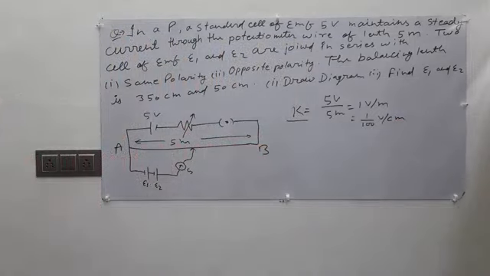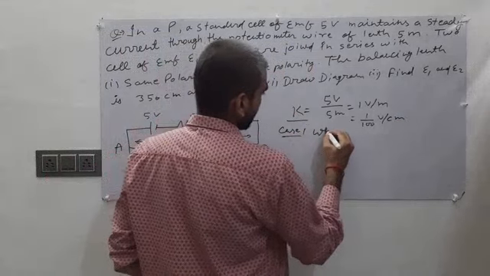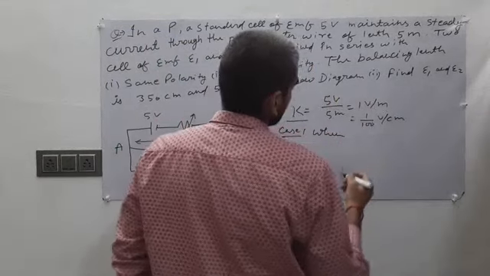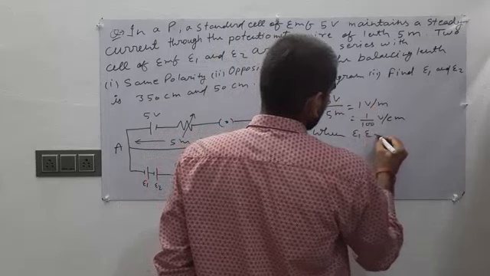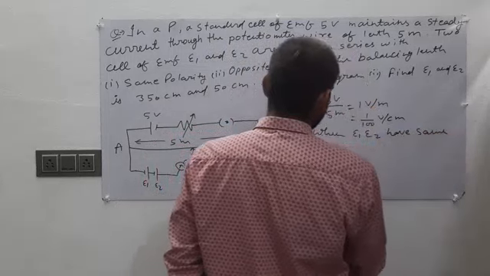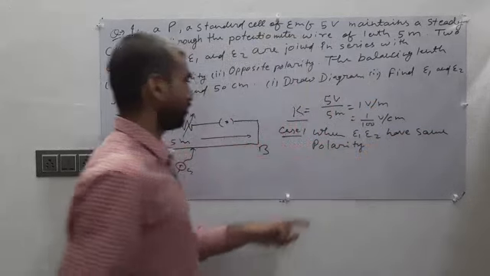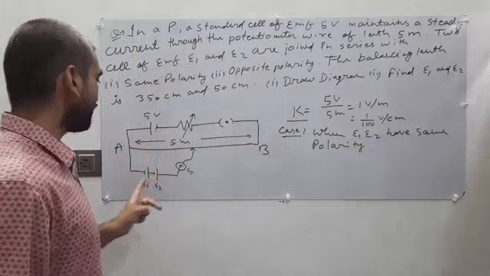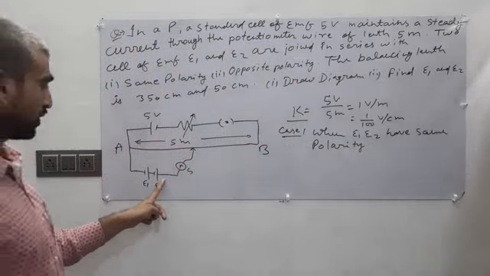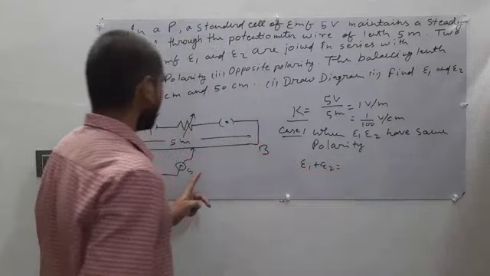Now in case 1, when E1 and E2 have the same polarity, E1 plus E2 equals K L1.